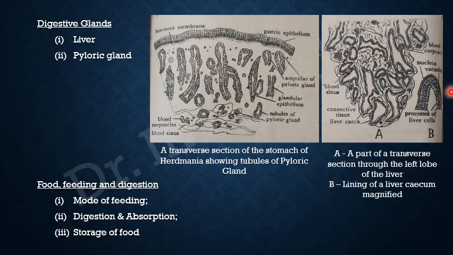At its free apical end, projecting into the cavity of the cecum, each cell bears a prominent process formed by the accumulation of hepatic secretion. Inside here you can see the processes of liver cells. The wall of the hepatic duct is formed of shorter ciliated cells which are devoid of vacuoles.